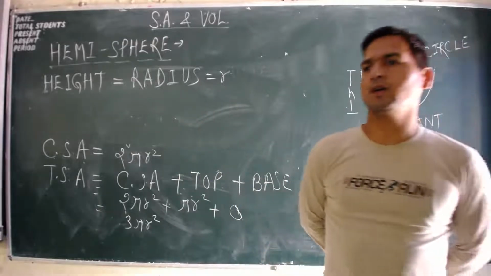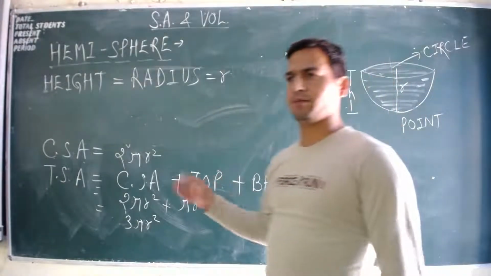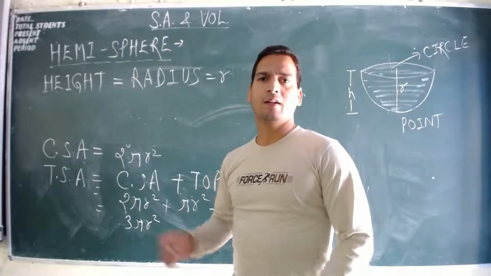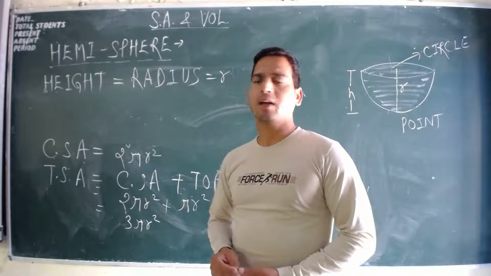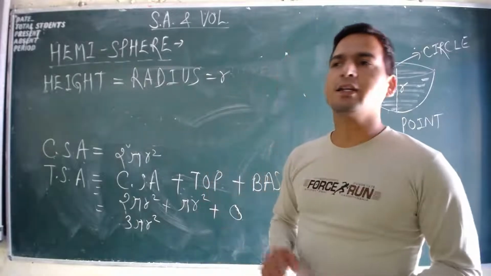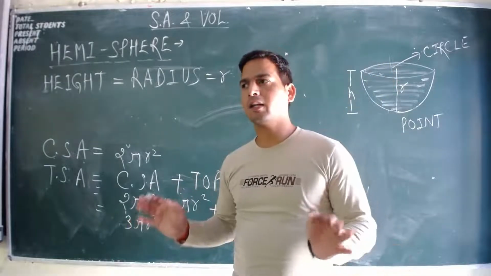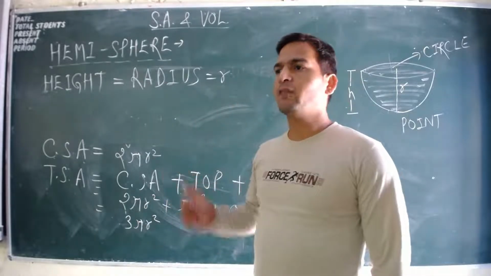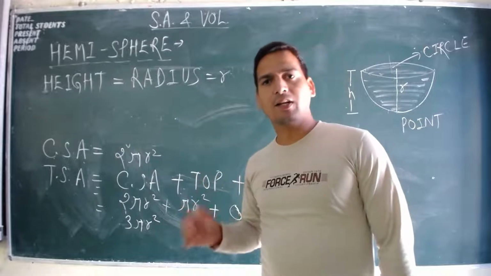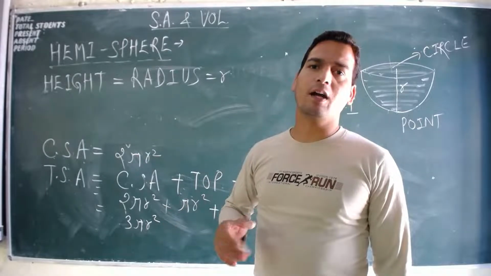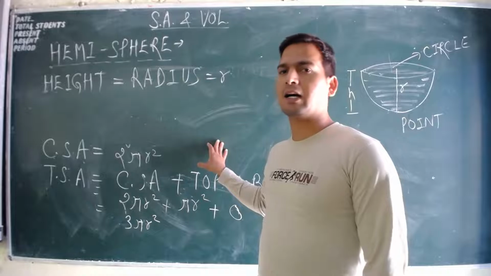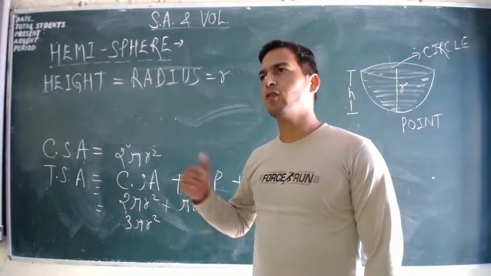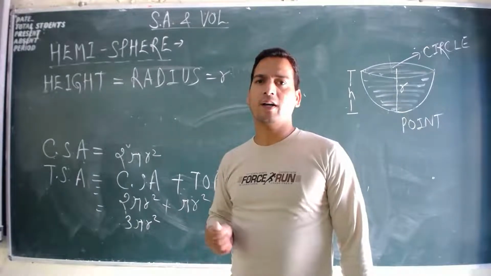Okay, so now almost all the 3D shapes' formulas have been derived. Now in the 10th class, in the 9th class, partially one figure, whether its area or volume, has been asked, but in the 10th class, the combination of figures, area and volume, is required.